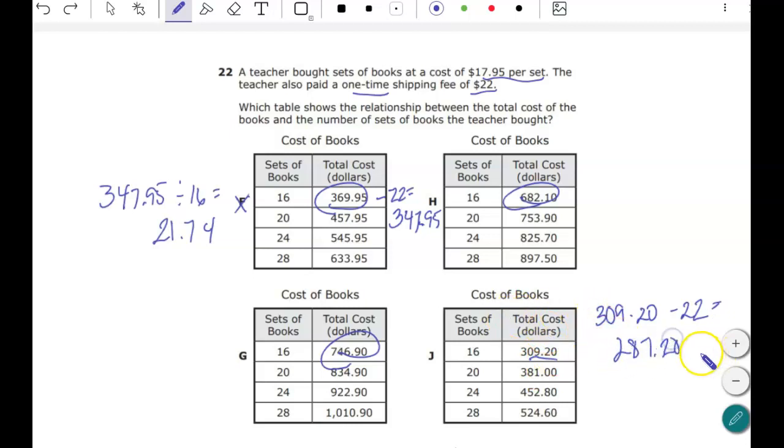Now divide that by the 16 to see if we get the 17.95. Yes, that comes out to exactly 17.95. So the answer is J.